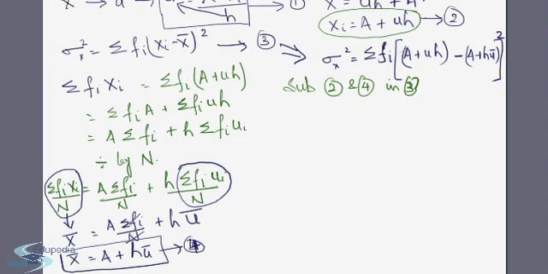Here we have a positive value of a and we have a negative value of a, so I can cancel out these two. So I'll be left with sigma x square equals summation fi times h u minus u bar h, square.